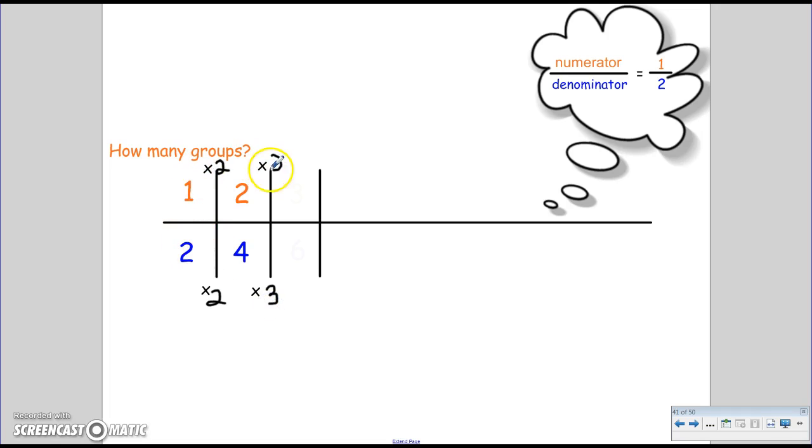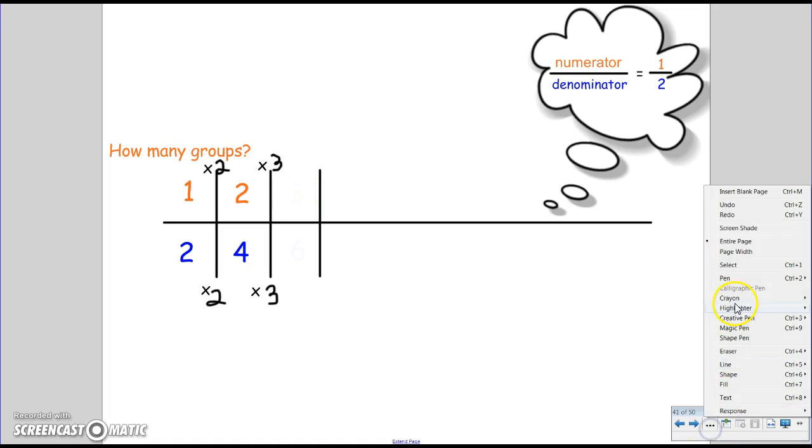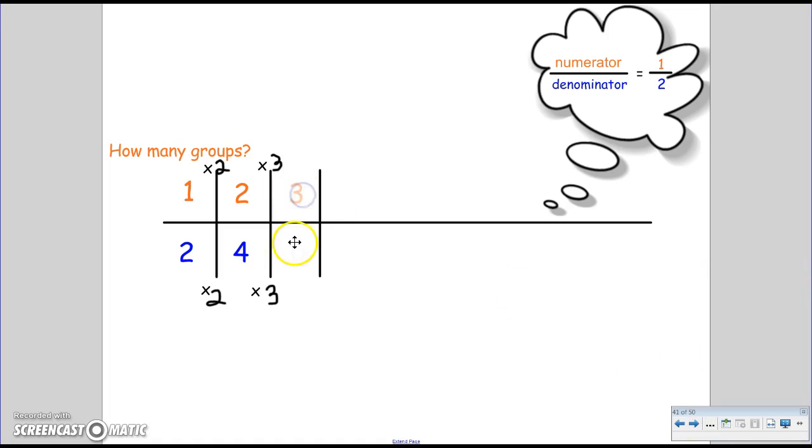Again, if 1 times 3 gives me 3, 2 times 3 will give me 6. If you take a look at your bottom row, we're simply skip counting or creating multiples of 2. Our top number is telling us how many times we've multiplied in order to show us the relationship. 3 2's give me 6.